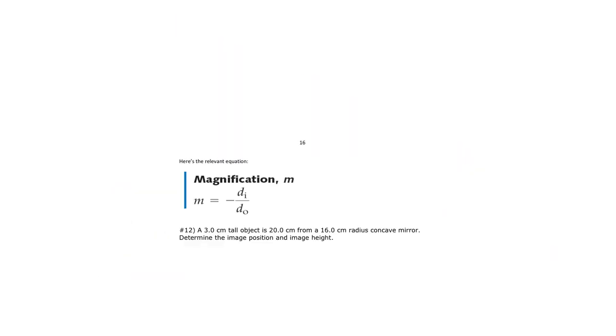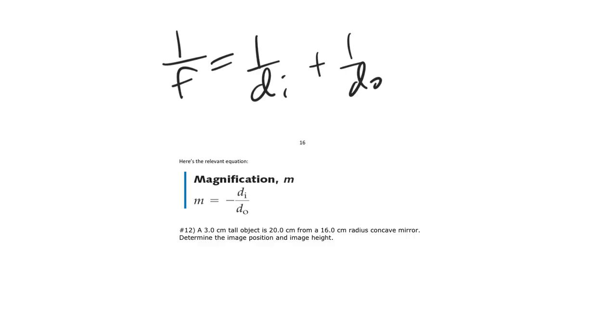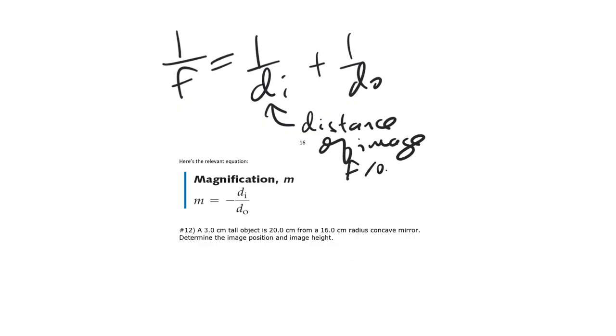There are two equations that we'll be using for mirrors or lenses. 1 over f equals 1 over di plus 1 over do. Di, for everyone, is the distance of the image from the mirror or lens.